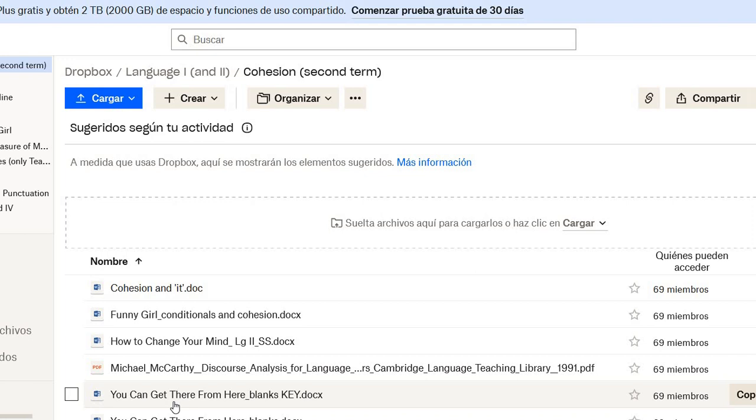Now, let me just say that cohesion is a sort of approach to seeing a text as a unit, right? It's not a complex topic, but it's rather confusing if you think about it, because the components of cohesion are areas of grammar, basically, that do not seem to tie together.